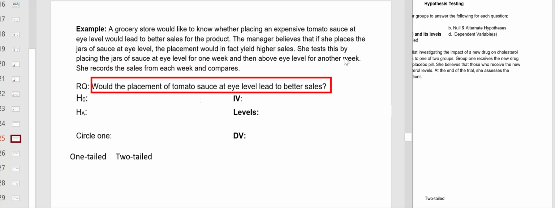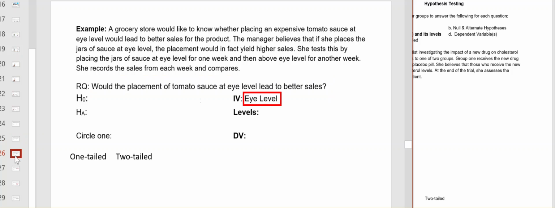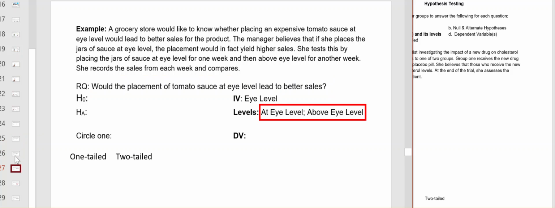So this is what is changing: the position of the jars of sauce. And you could also say eye level, like where it is in position. And the levels of this, what conditions do we have? We have eye level and above eye level.